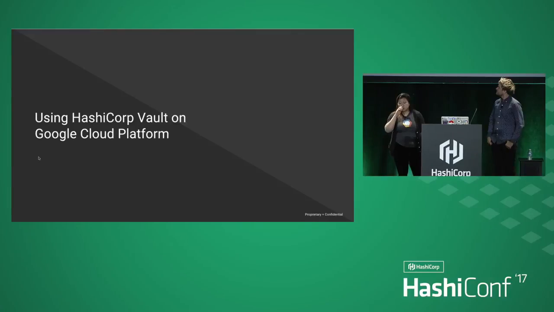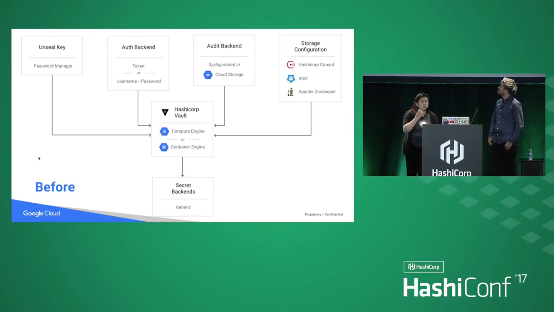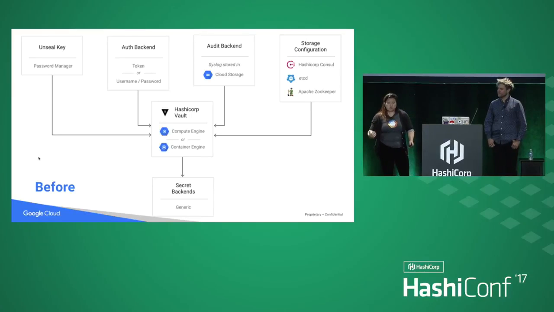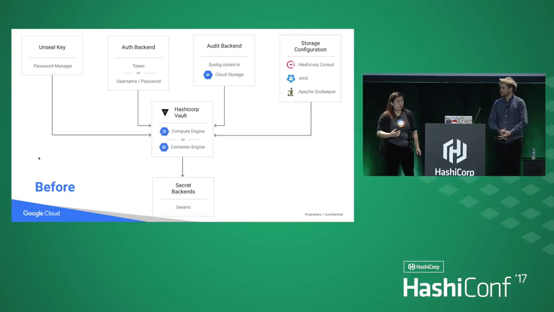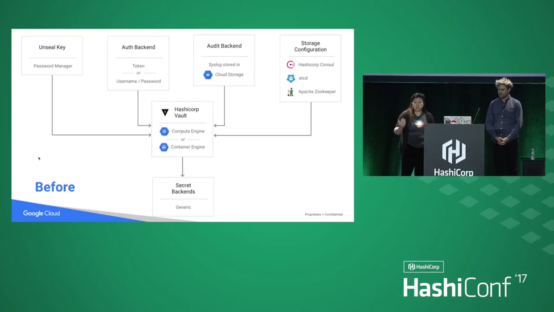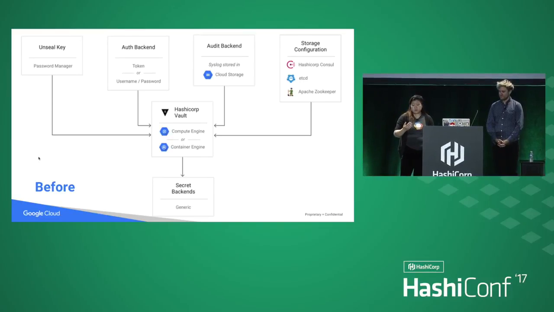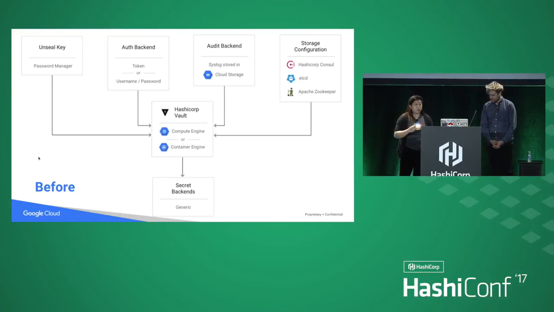So we'll talk a little bit about how to use HashiCorp Vault on Google Cloud. What a typical deployment looked like before: usually you start up a HashiCorp Vault server in Compute Engine or sometimes GKE, more commonly in Compute.